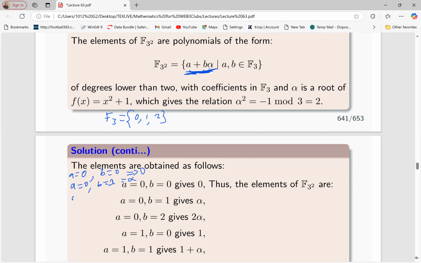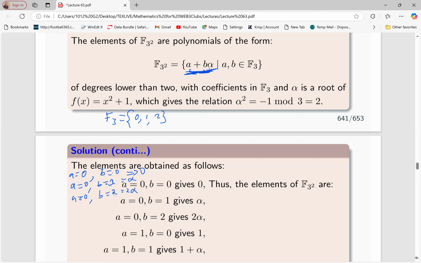We can also have A being 0 and B being 2. If that happens, we get 2 alpha. So if A is 0, we have exhausted all the possibilities: A is 0 with B being 0, 1, or 2.